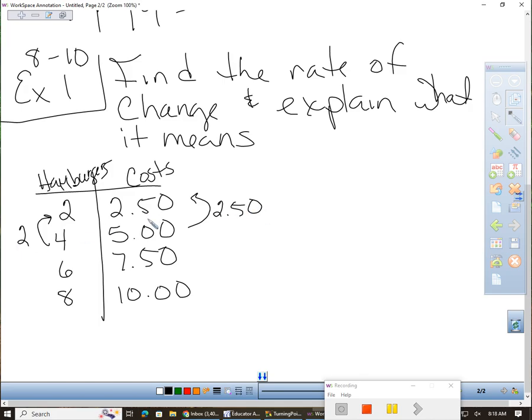So now I take my y over my x, and since there's a decimal in it, I need to simplify. 2.50 divided by 2 is 1.25. All right. So now we found what the rate of change was.